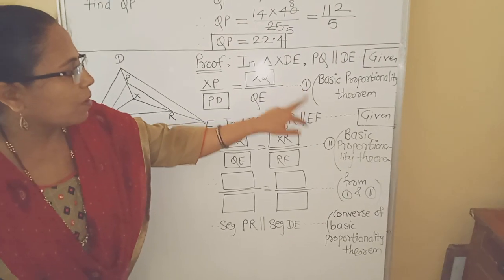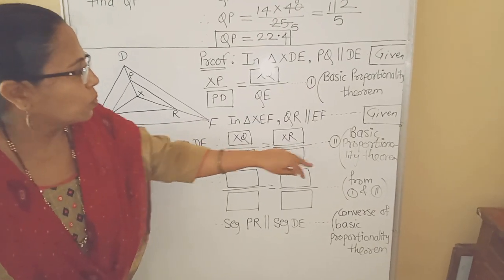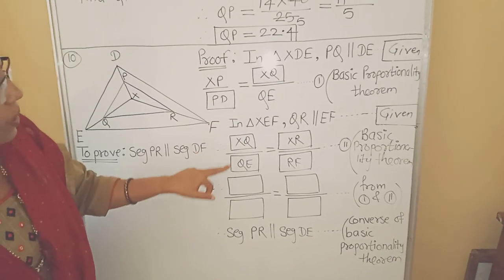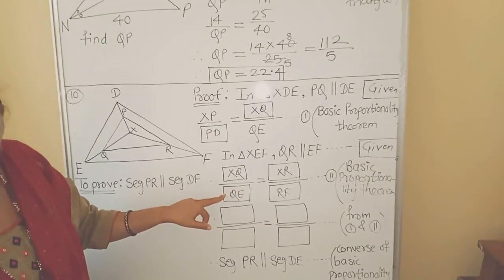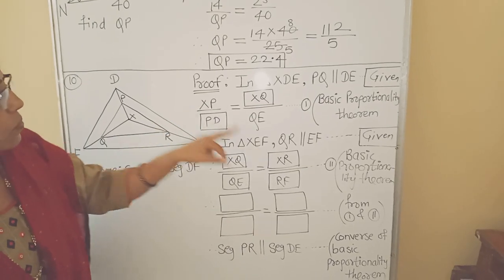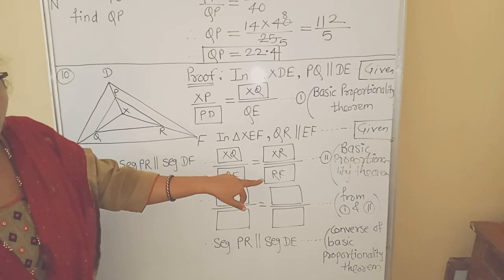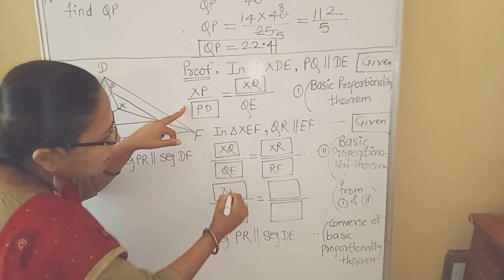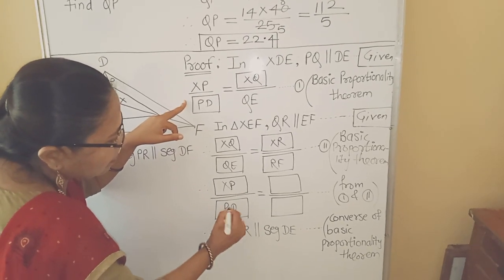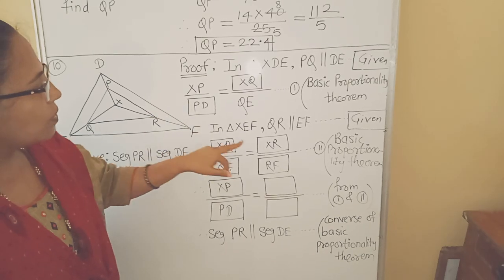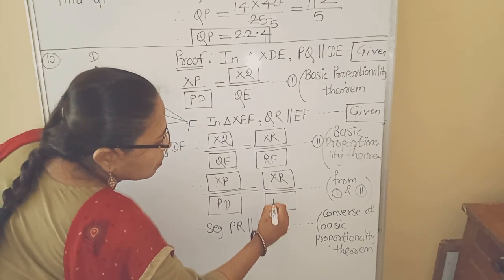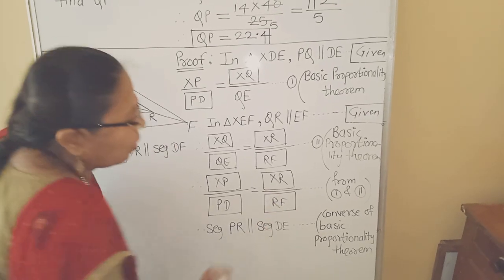Now in statement number 1 and statement number 2, you can see that XQ upon QE, this ratio is common. That's why the remaining two ratios are equal. We will get XP upon PD equal to XR upon RF. Now observe the figure.